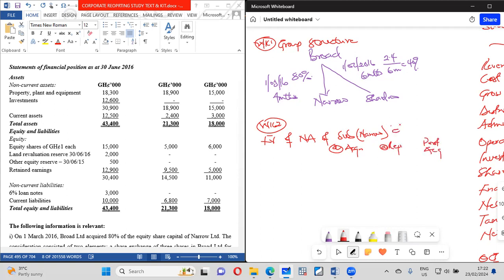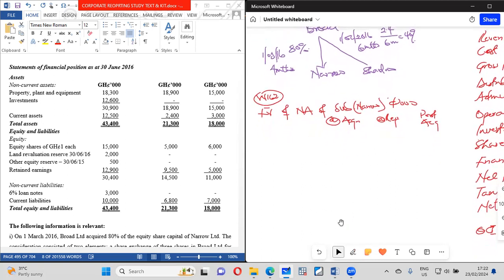And don't forget, we are doing everything in thousands. When you finish doing this, I've always told you that the outlook is what we learned: asset is equal to equity plus liability. Since we are buying the equity, equity is equal to asset minus liability. So let's first look at the equity side. What do we have for the subsidiary? We have the equity shares.